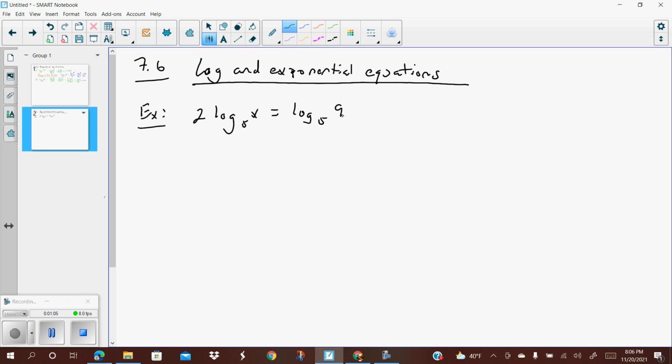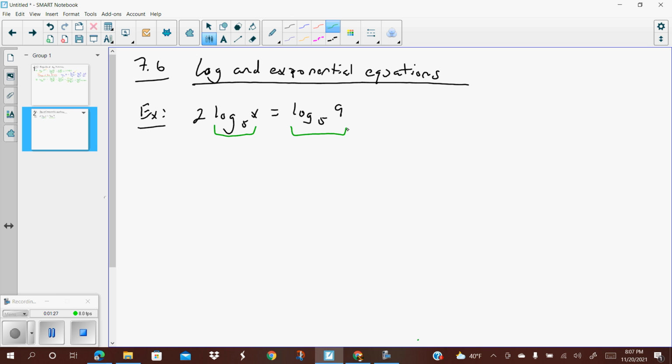They both have the same base, so we can actually try to solve this. If they didn't have the same base, we probably would not be able to solve this equation, at least not without using a calculator. In this case, we want to try and make it so that all I have is a log here and a log there.